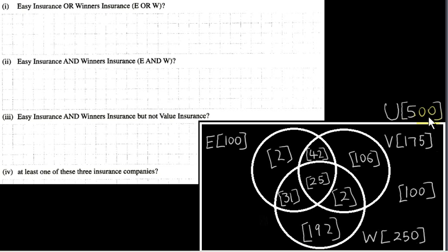And in a previous video, we saw that to get the probability of any event, we get the number of elements in the event divided by the total number of elements in the sample space, which is 500. So here the event is E or W. So this event consists of the union of the sets E and W. I'm showing the set E union with W in red.